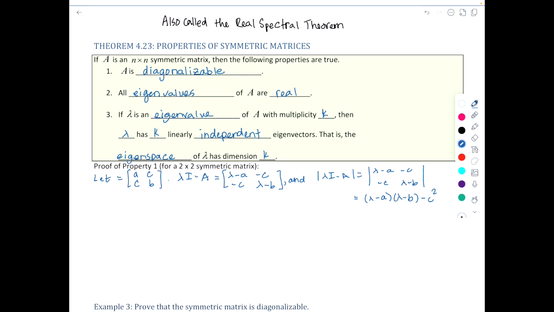And if I multiply that out, I'll get lambda squared minus lambda times A plus B plus AB minus C squared. Cool so far?